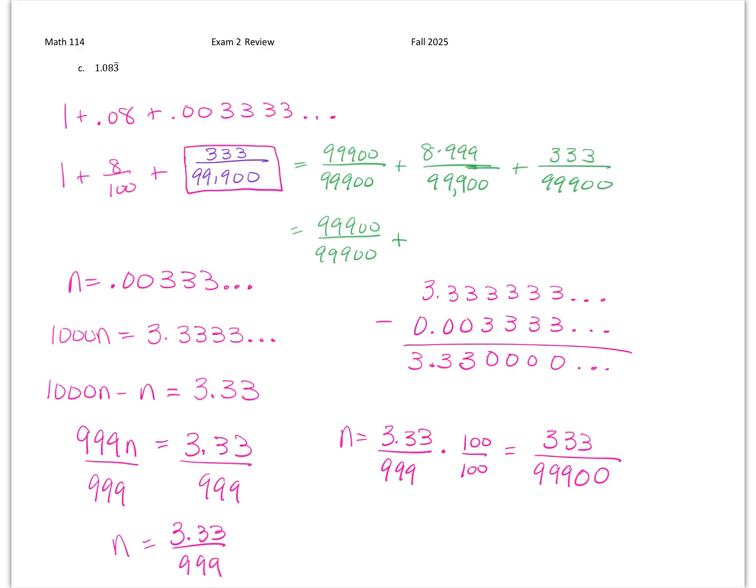I'm just going to save us some time and tell you that it is 7,992, and that's over 99,900 plus 333 over 99,900. And then I just need to add up my numerators and put them over the common denominator of 99,900. So when I add those up, I get 108,225.